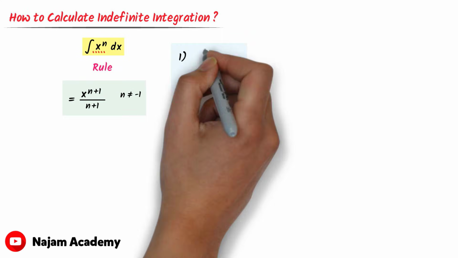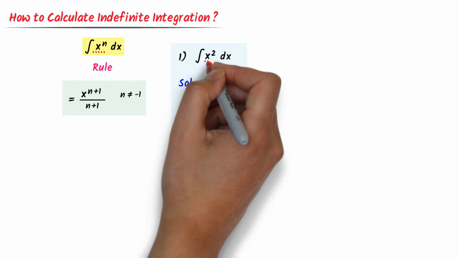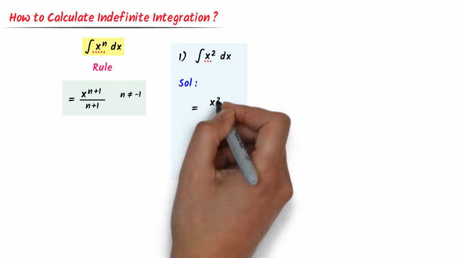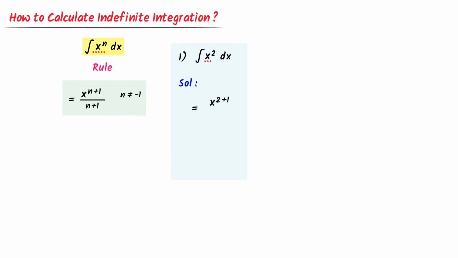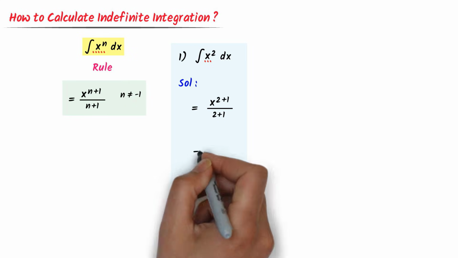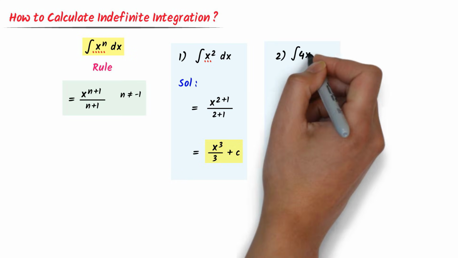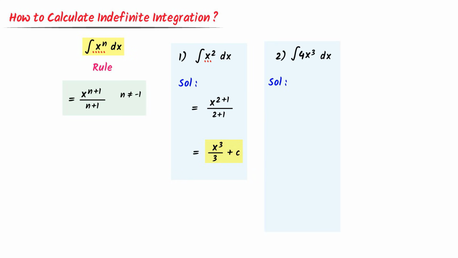Now consider these questions and find their integration. In case of the first question, the term is x squared. I write x squared. Then I add plus 1 to its power. At last, I write the power in denominator. I get x to the power 3 upon 3 plus c. In case of second question, this 4 is constant. Remember that we always write constant out of the integral.